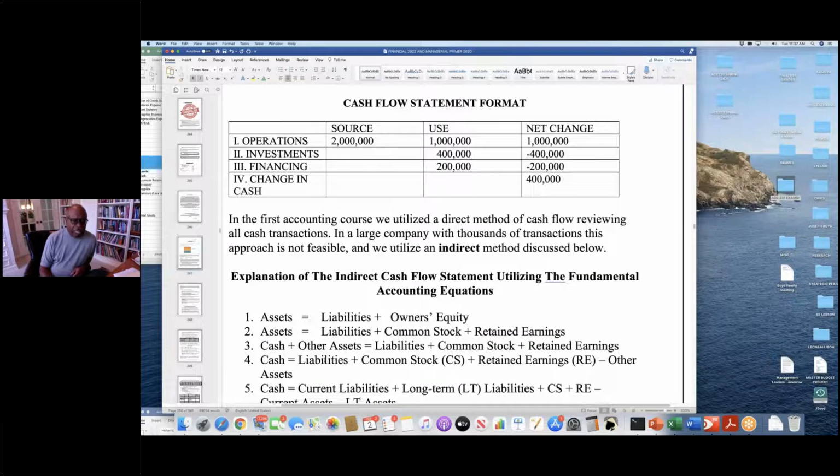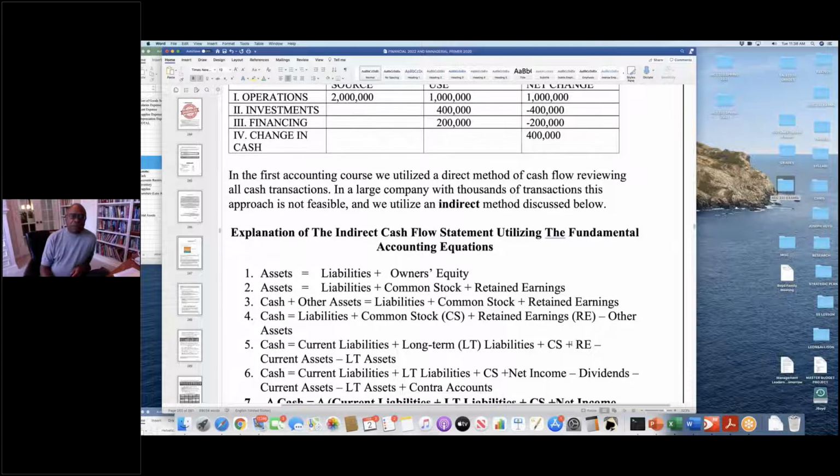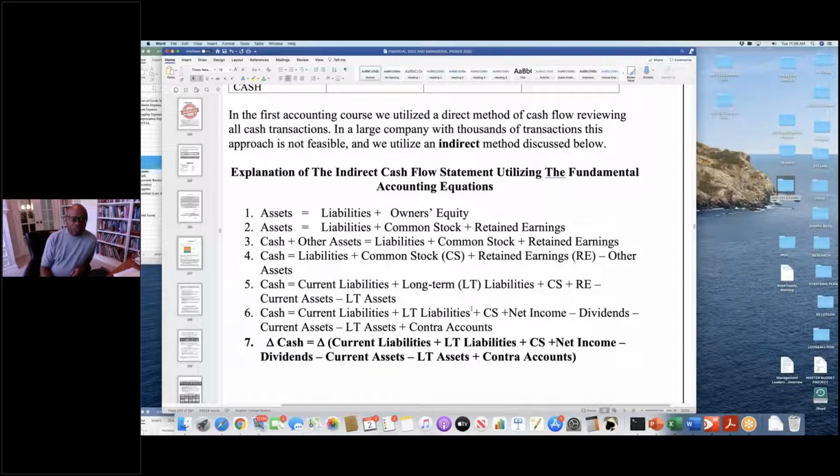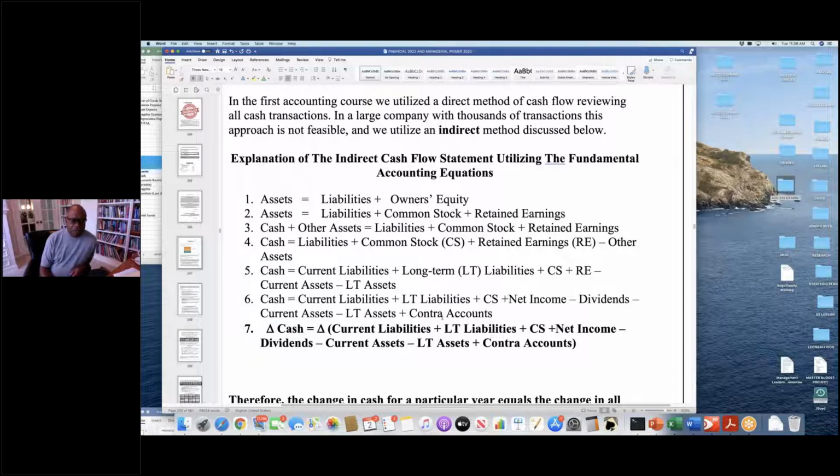Cash equals liabilities plus common stock plus retained earnings minus other assets. Cash equals current liabilities plus long-term liabilities plus common stock plus retained earnings minus current assets minus long-term assets. Cash equals current liabilities plus long-term liabilities plus common stock plus net income minus dividends, which is retained earnings, minus current assets minus long-term assets plus contra assets.